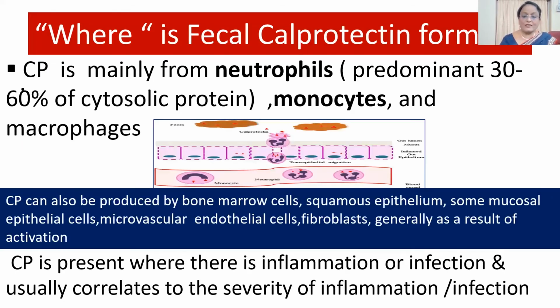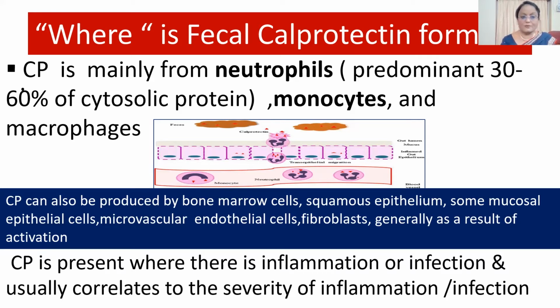Now where is this fecal calprotectin formed? Calprotectin is mainly from neutrophils and constitutes 30 to 60% of the cytosolic protein. It is also from monocytes. Neutrophils and monocytes form the main source of fecal calprotectin, and it is also from macrophages.